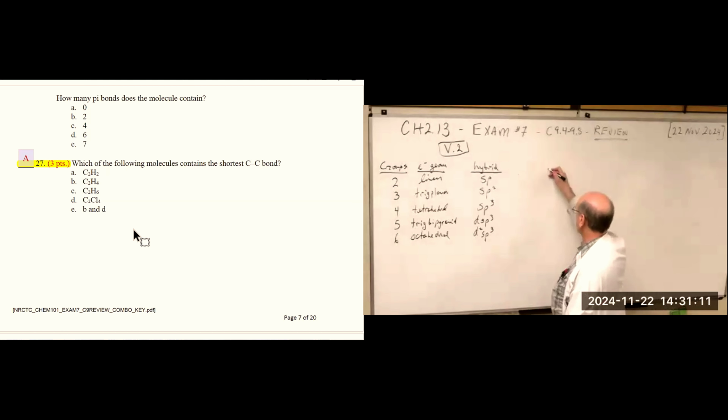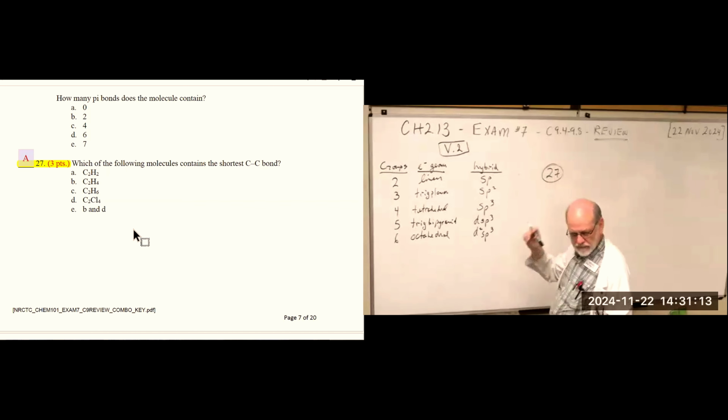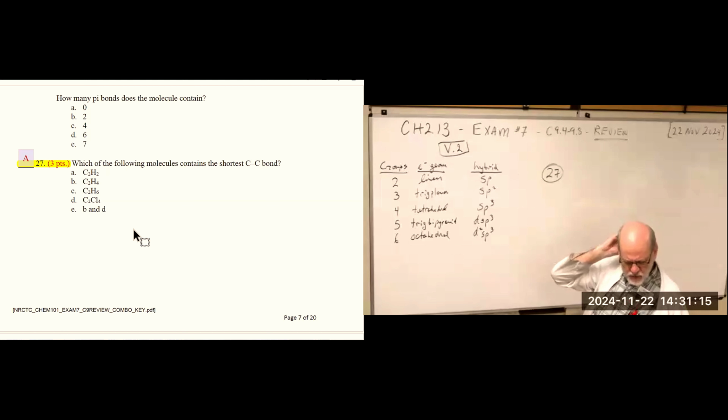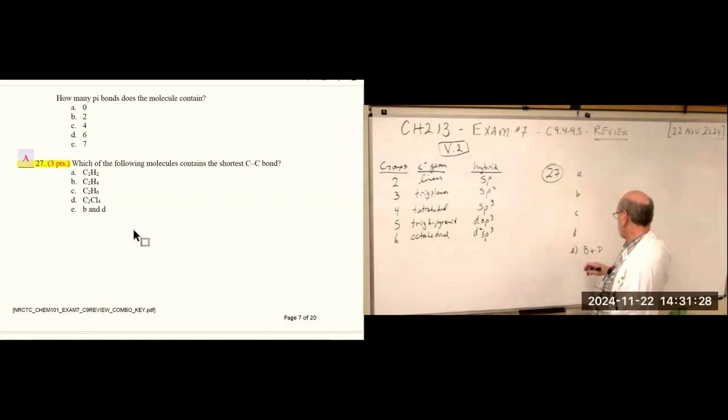27. Which of the following contains the shortest carbon-carbon bond? All right. A, B, C, D. And E says B and D are the same. Okay.